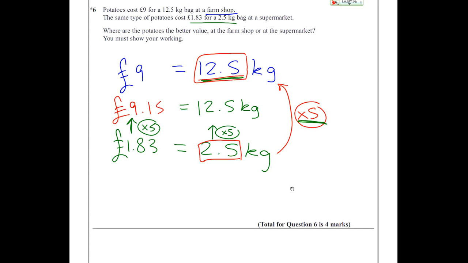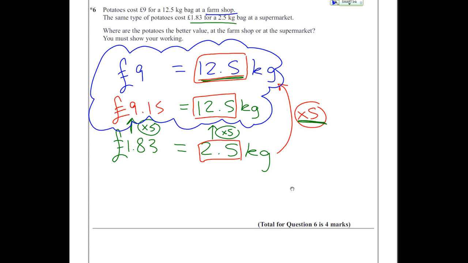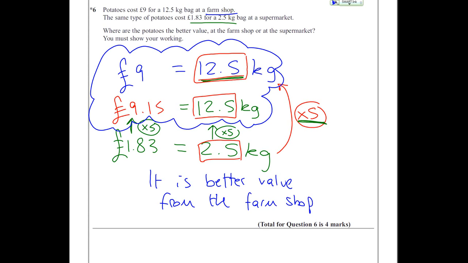Now, because we've got the weights the same, you can now compare straight off. So this is what you're going to be comparing, and it is better value from the farm shop. That's because you only have to pay £9 for the same amount as what you would have to pay £9.15 for in the supermarket.